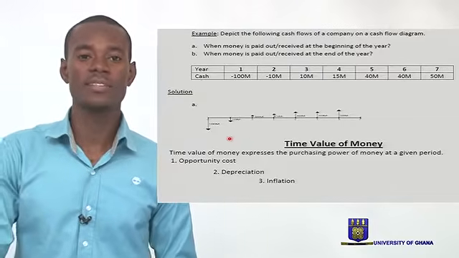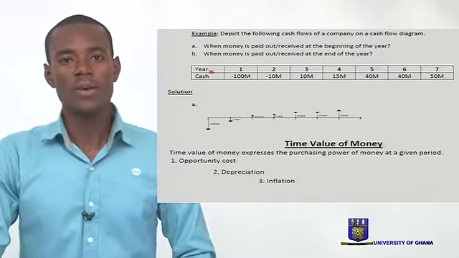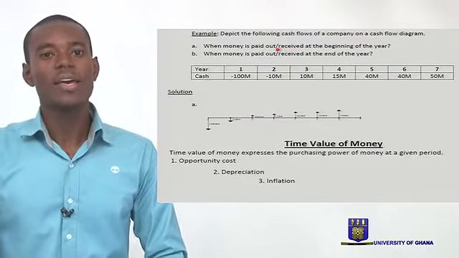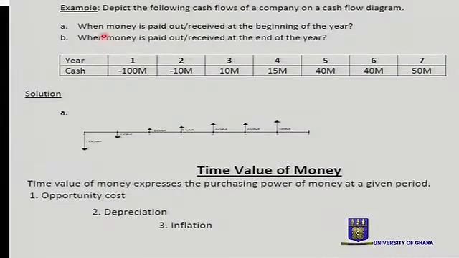Now, let's take a typical example as this one. So now that you've understood how we draw the diagram, let's go back and answer the question appropriately as it demands. It says that now let's represent this information when money is paid and received at the beginning of the period.